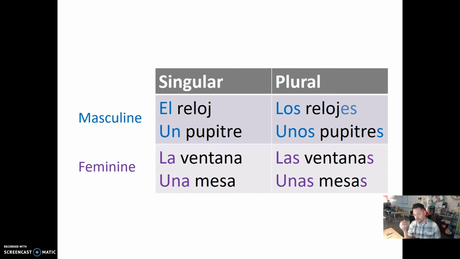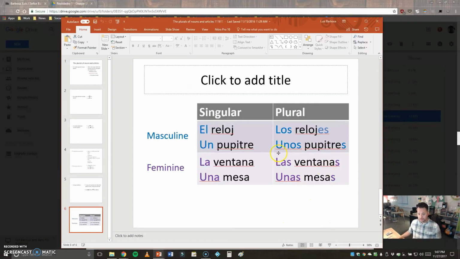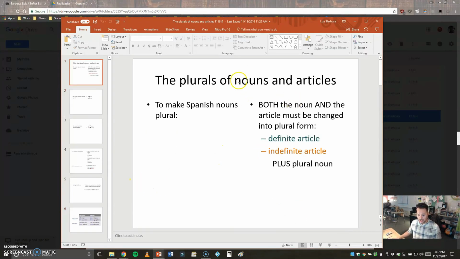And so there you go. So that's why it can be a little difícil sometimes learning Spanish, because you have to be aware of the number and gender of things that you're talking about, okay? So there you go, señoritas y señores. So that is a look at plurals. So not only do you have to make the noun plural, you have to make the article plural too. And so I hope this makes sense.